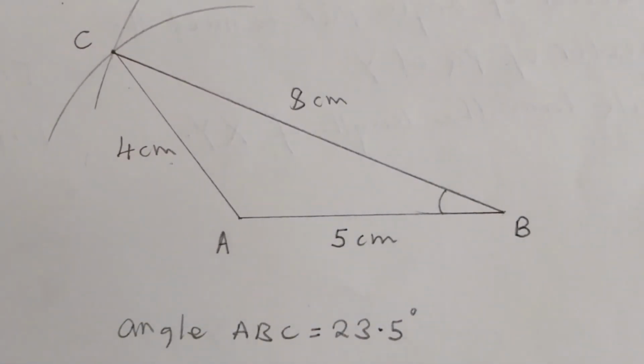Okay, for me that is what it's giving me. Those of you that may wish to write 24 degrees, you can still be marked correct. Others may wish to write 23 degrees. I think you can still get that one correct. So basically this is how you construct this type of a triangle.